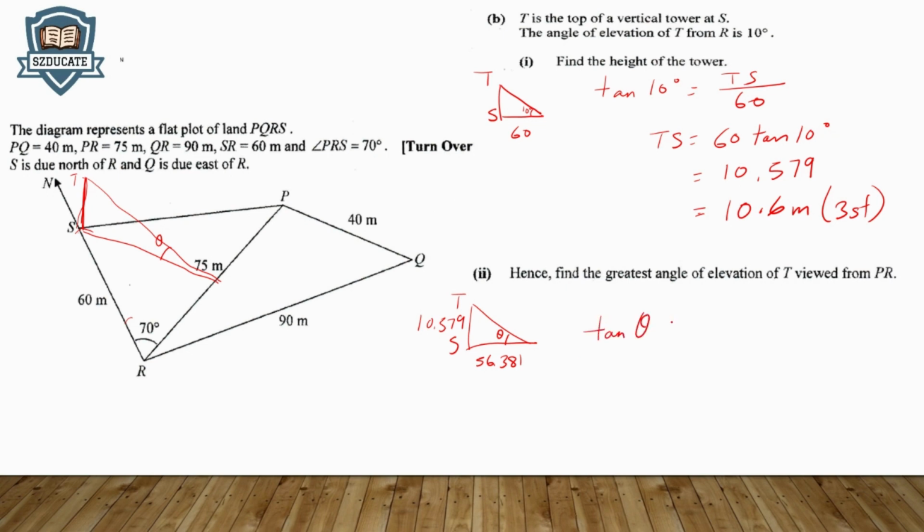So tangent theta is equal to 10.579 over 56.381. So your angle theta is 10.627. 1 dp, so 10.6 degrees. Okay, I hope this helps you in some way or another, and I'll see you next time.